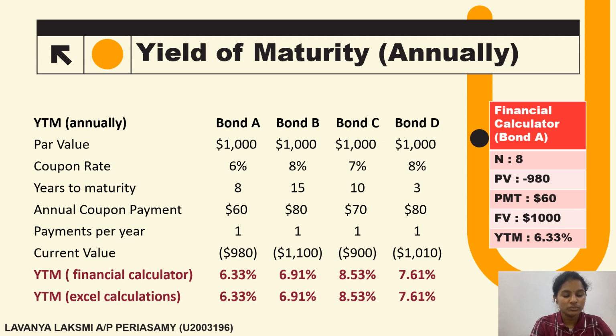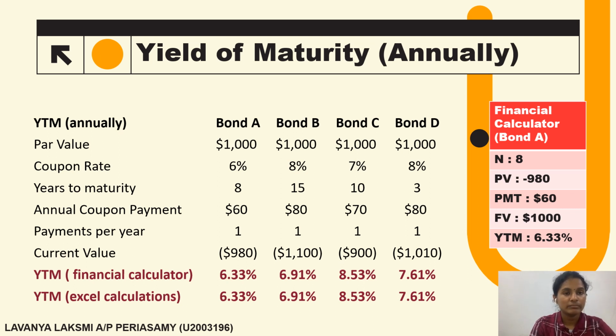We have to put negative 980 as PV, then the PMT, which is the annual coupon payment, $60, then the face value, which is the par value, 1000. Then we can find the YTM is 6.33. We can follow the same method for the rest of the bonds, bond B, bond C, bond D.